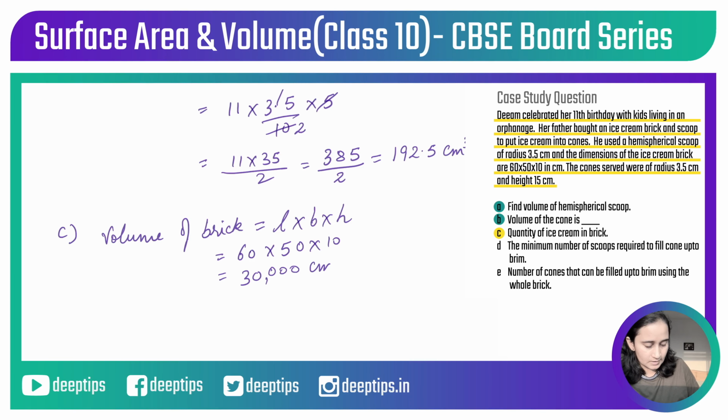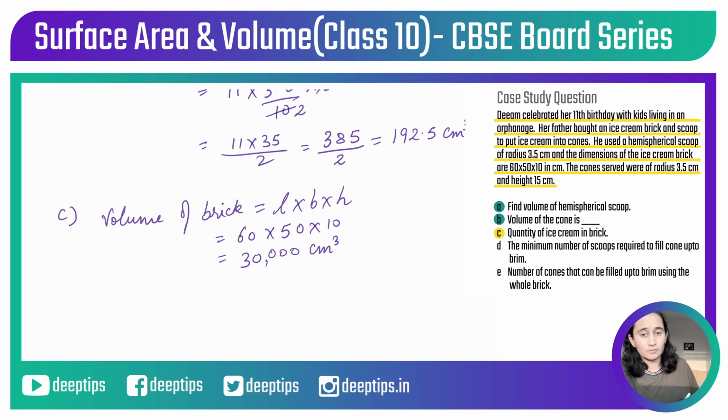30,000 centimeter cube. But you will see in many previous year papers, they ask you to calculate this volume in liters also. Because ice cream is made from milk, which is a liquid, and we can calculate this in liters also. So how do we do that? We convert centimeter cubes to liter.